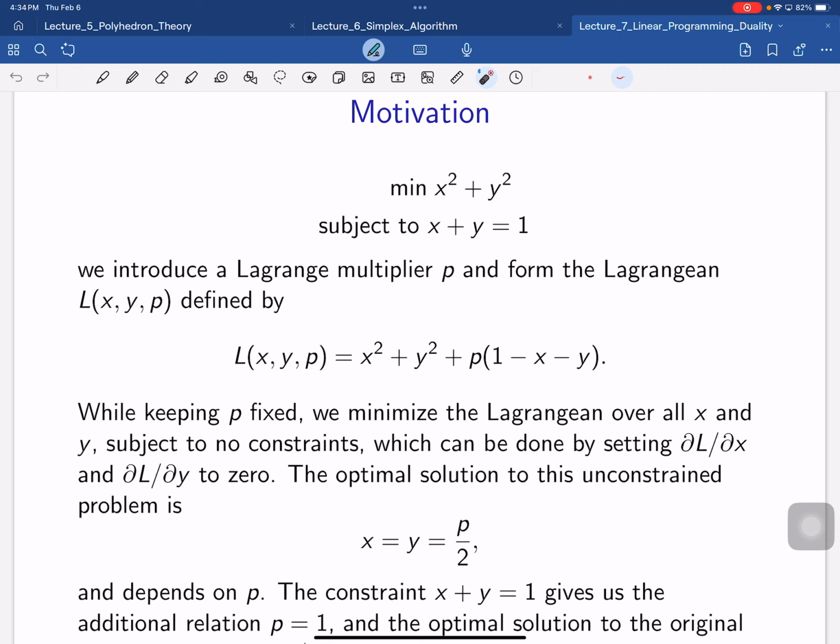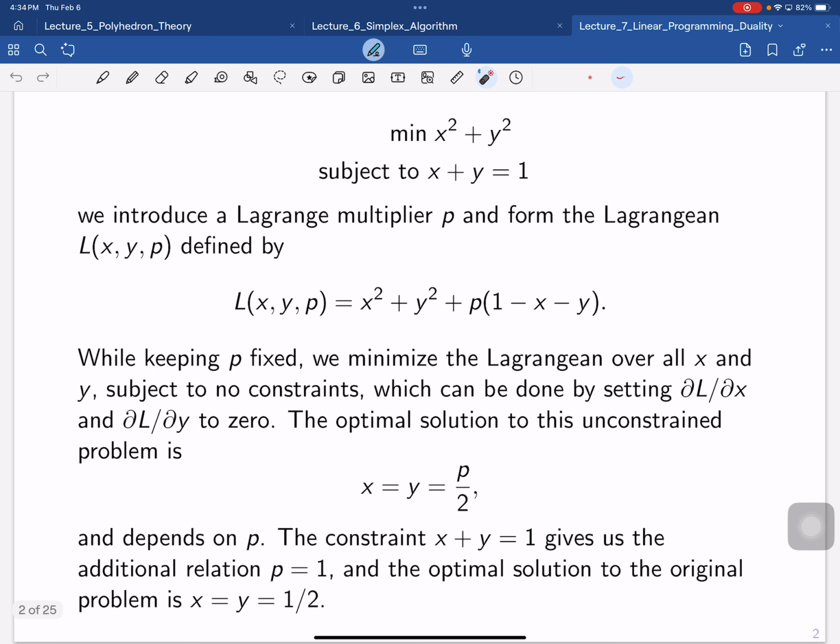Take the Hessian of this function, with x squared and y squared. It's nothing but 2 times the identity matrix. So the optimal solution to this unconstrained problem is x equals y equals p. Now you may be wondering, it depends on p, but p is just a scalar you pick randomly. You don't know what would be a good price to pay if you violate this constraint.